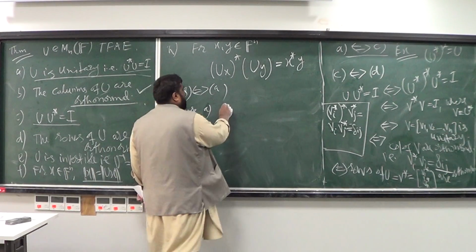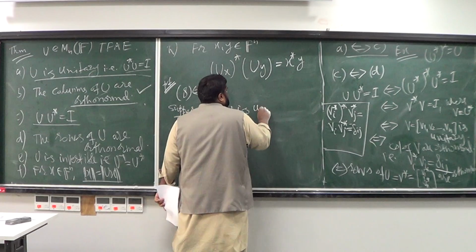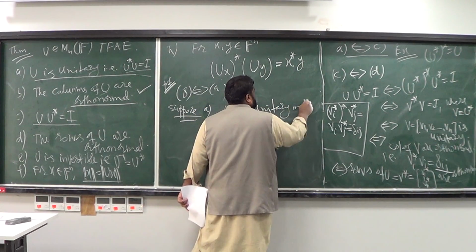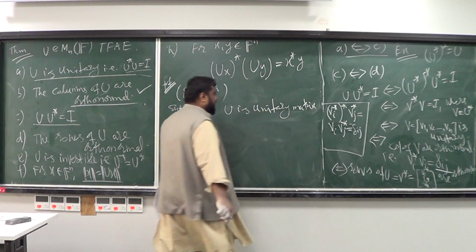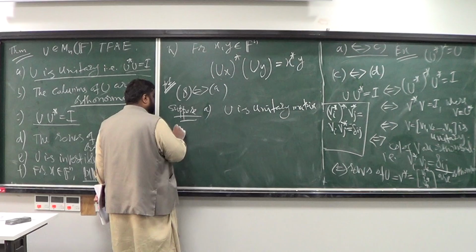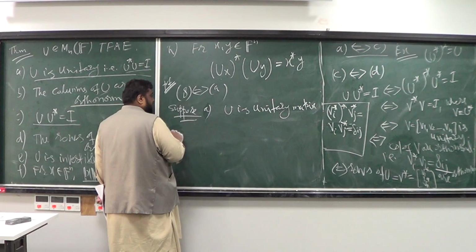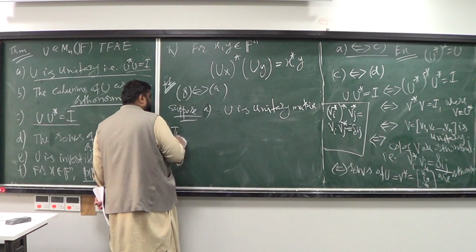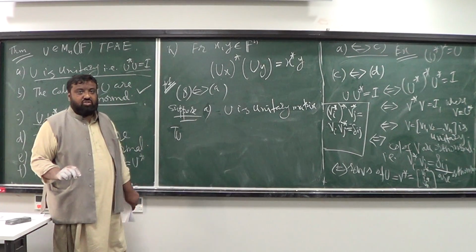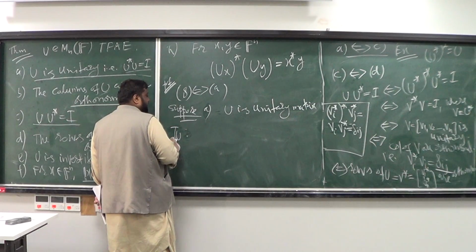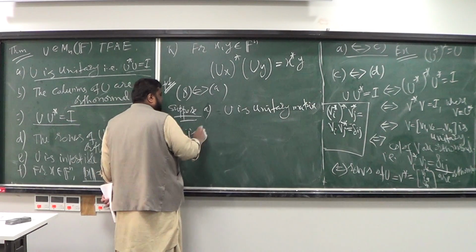So I know that U is a unitary matrix. And we know about the unitary matrix that if you consider the transformation corresponding to the unitary matrix, this transformation is an isometry.